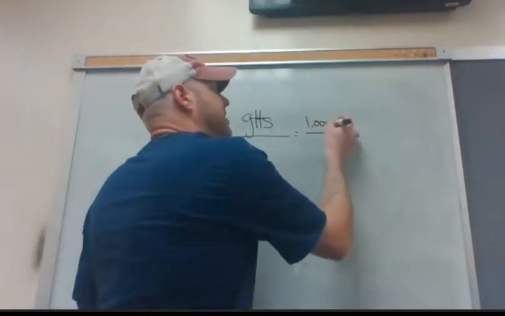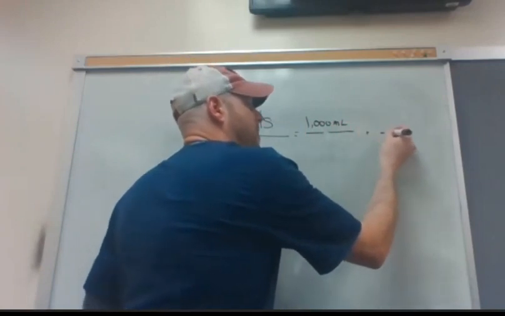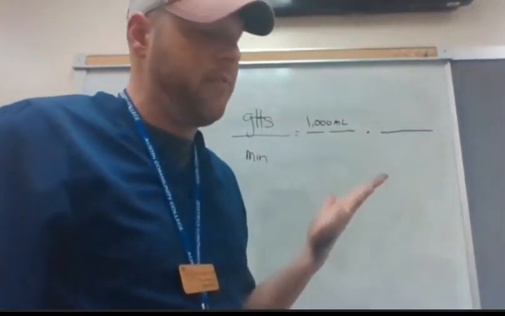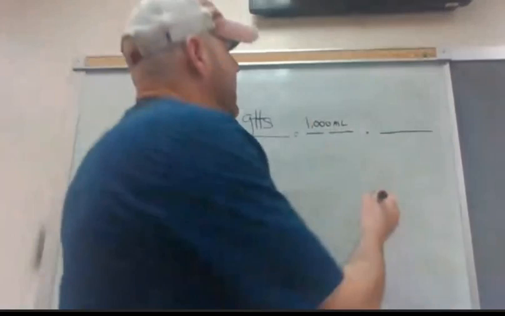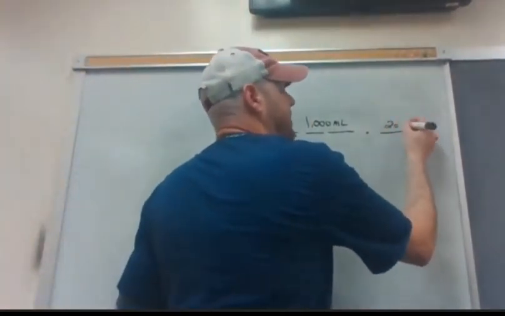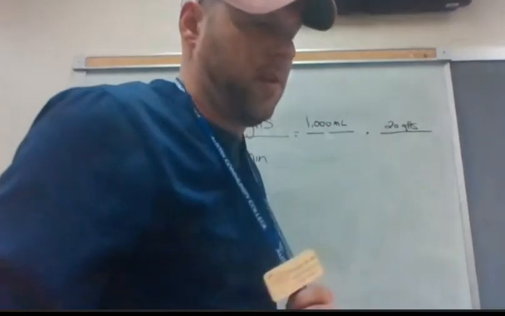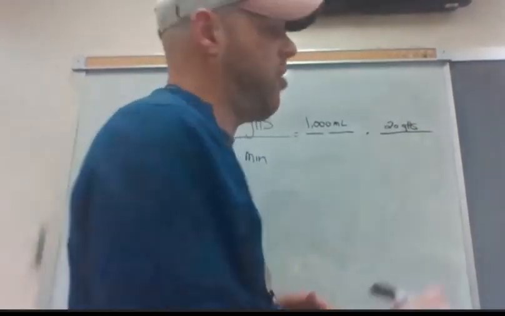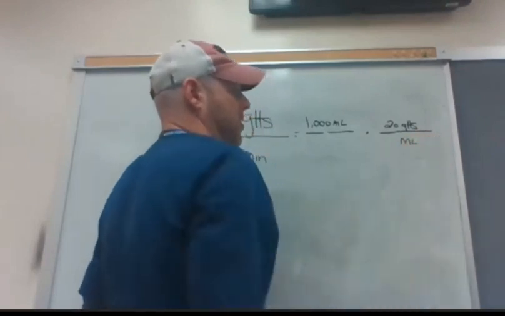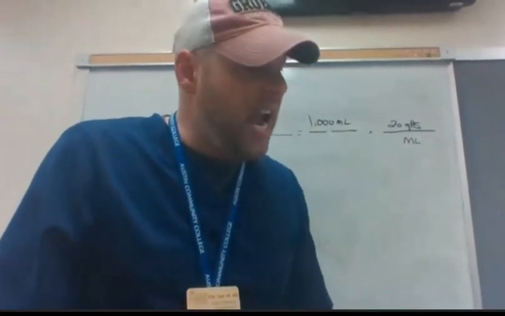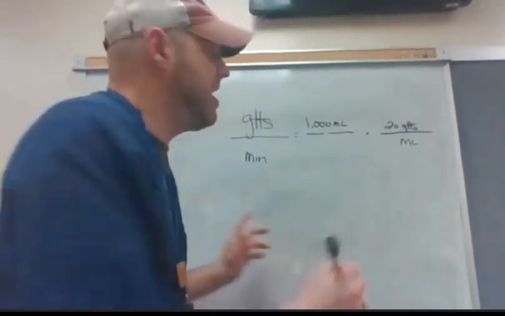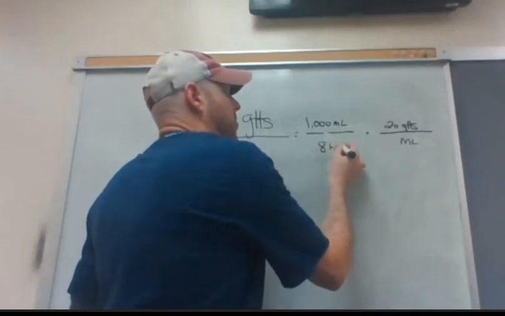Now I have 1,000 milliliters in my bag up top, okay? The next thing is drops per minute. So I have to remember from my formula that when it's drops per minute, I do have to use the tubing set number, correct? And that is 20 drops, right, 20? Yep, 20 drops per milliliter, okay? And time needs to appear on the bottom. And what time did they give me? They gave me 8 hours.